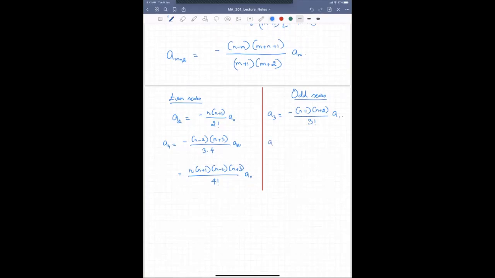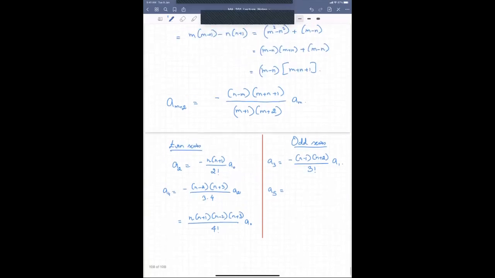And just to bore you, let us actually do a5 also, where I substitute m equals 3 in this recursion relation. So this is my recursion relation.